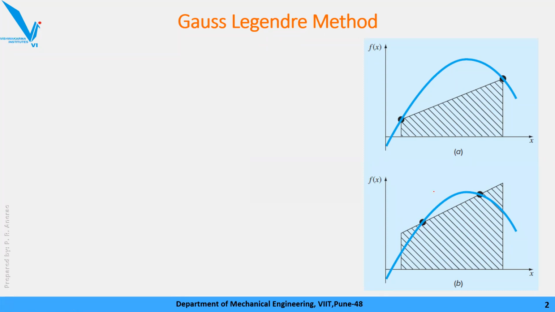Now, it is inspired from two different methods. One is the trapezoidal rule, and another is the Gauss formula. Okay, so first look at the trapezoidal rule. All of us know about this trapezoidal rule. Assume this blue curve is a function of x, and we would like to integrate that over the limit a and b.